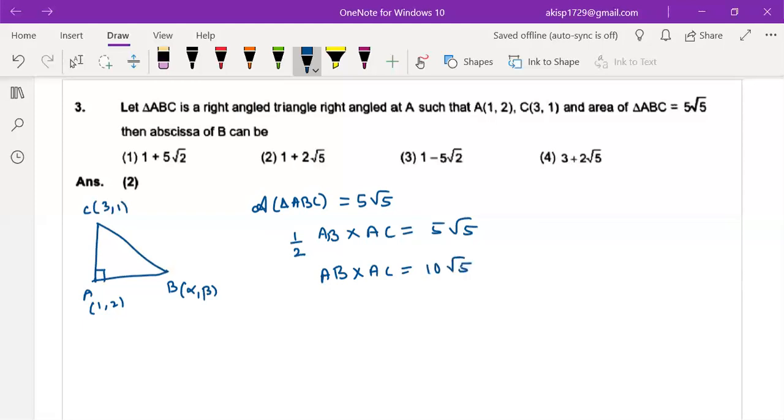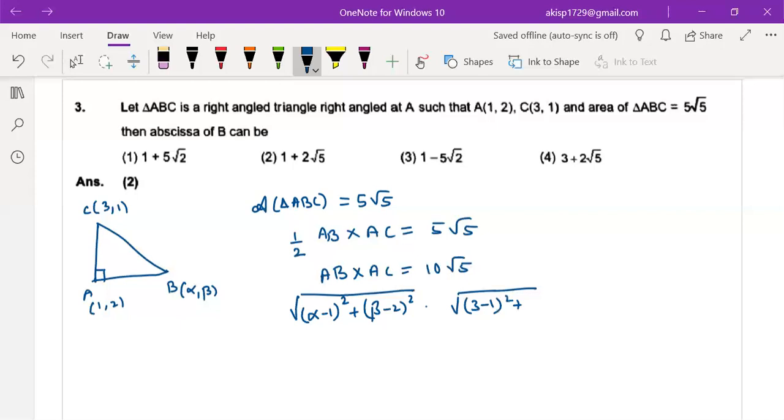But AB I know, because in terms of alpha and beta I will know AB. So AB is nothing but the root of alpha minus 1 whole square plus beta minus 2 whole square. Similarly, AC is nothing but the root of 3 minus 1 whole square plus 1 minus 2 whole square.